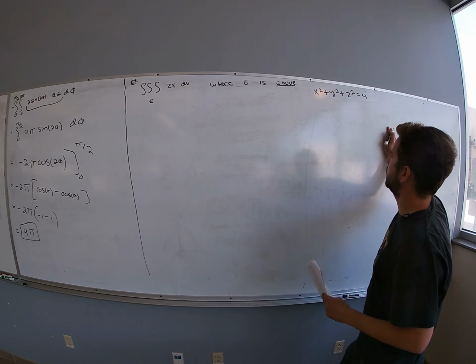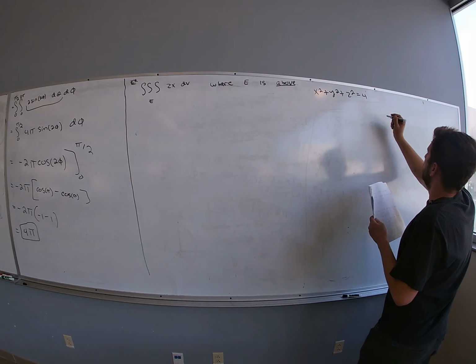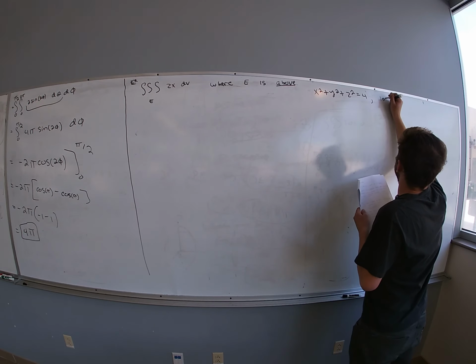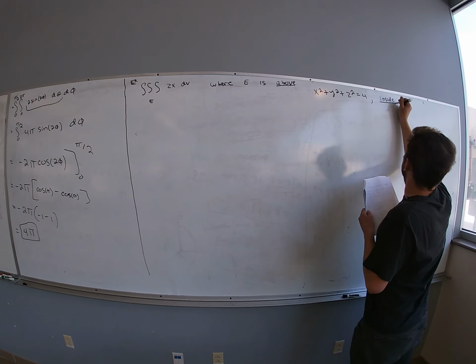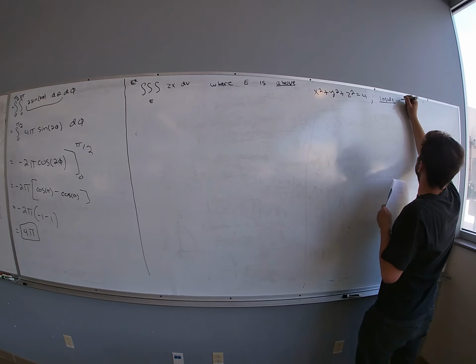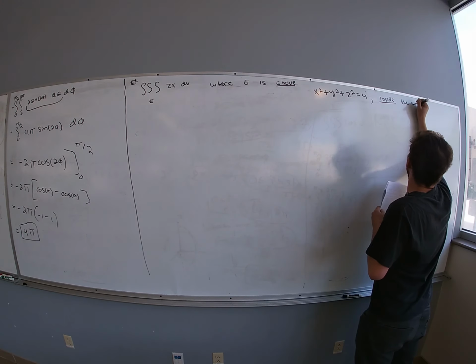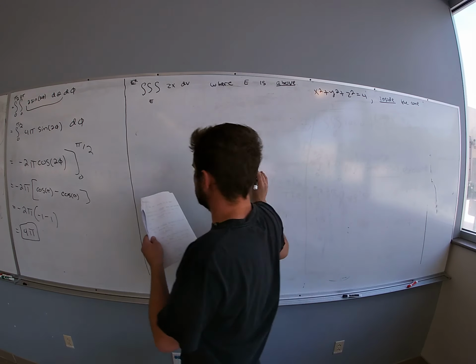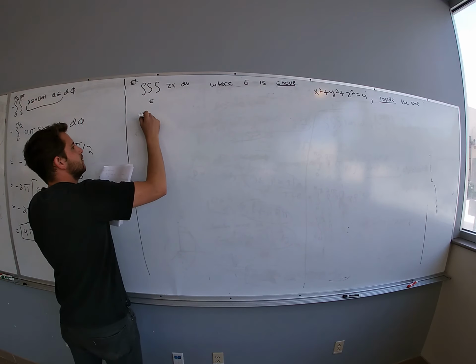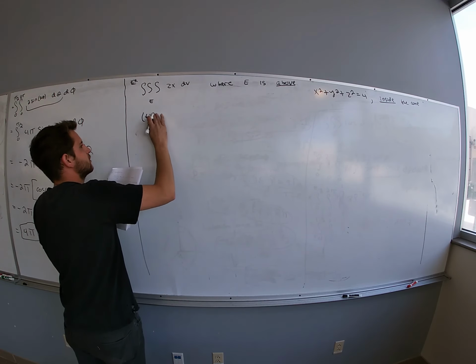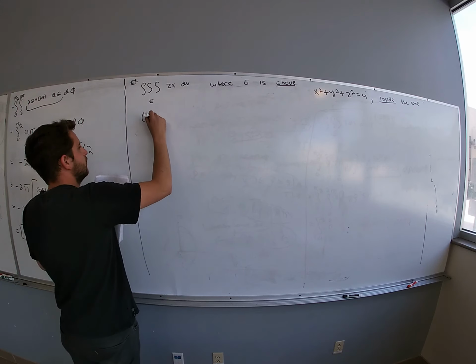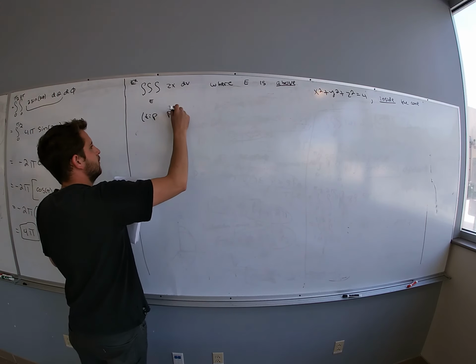It's a sphere centered at the origin, radius 2. I am inside the cone. And this cone is tip pointing up. So it's kind of like an upside down ice cream cone. Tip pointing up.